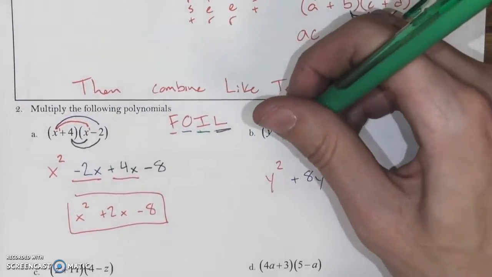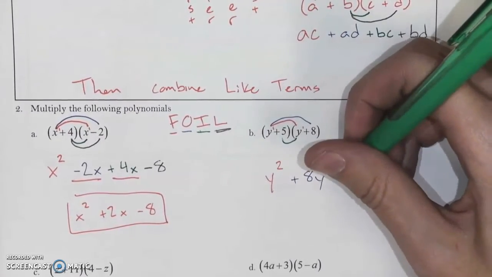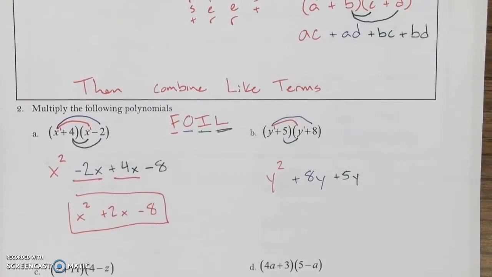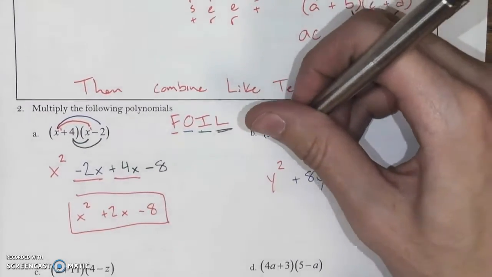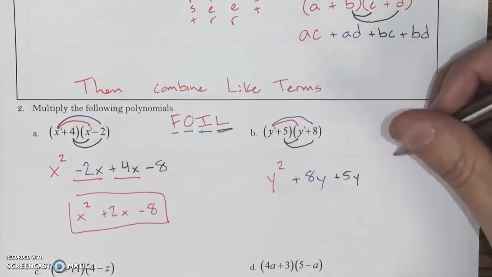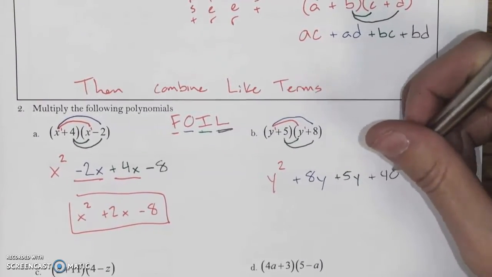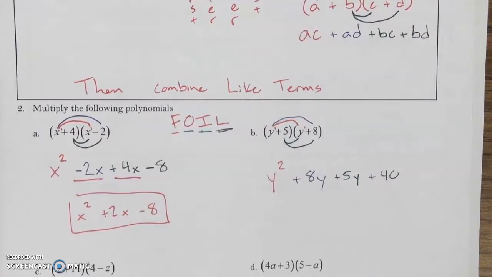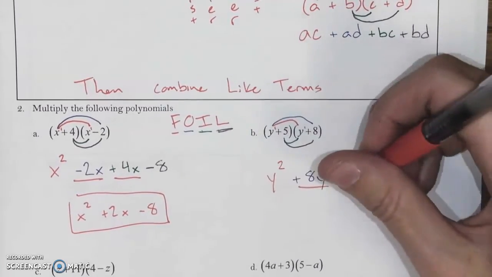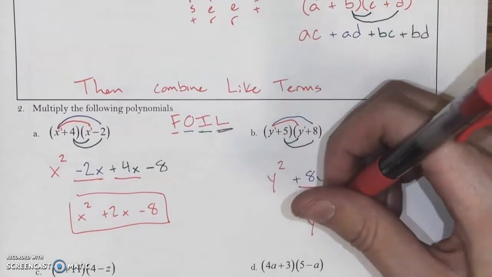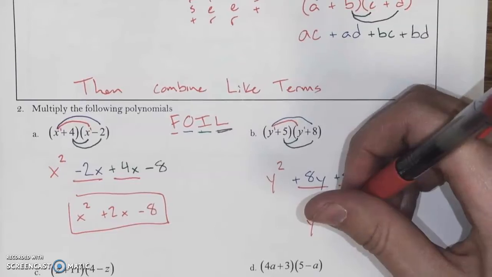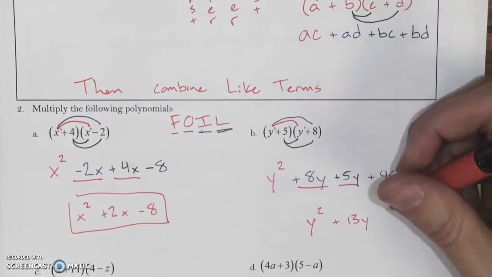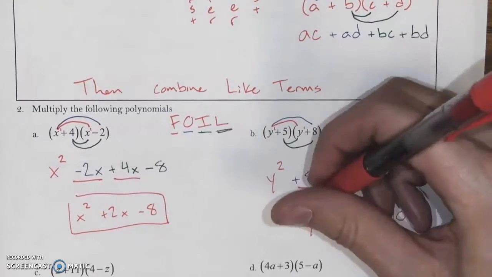Inner, 5 times y is a positive 5y. And last, 5 times 8, which is a positive 40. Again, we combine like terms. We've got a positive 8y and a positive 5y. So we have y squared plus 13y plus 40.